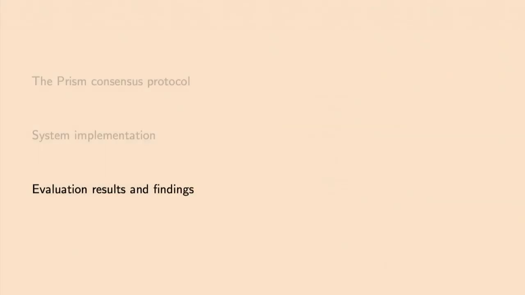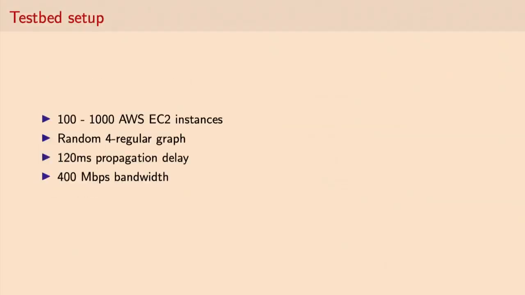Okay, so finally, I'm going to introduce our evaluation results. We did the evaluation on 100 to 1,000 AWS EC2 instances. And actually, those instances are very lightweight. They are actually less powerful than the laptop I'm doing the presentation on.